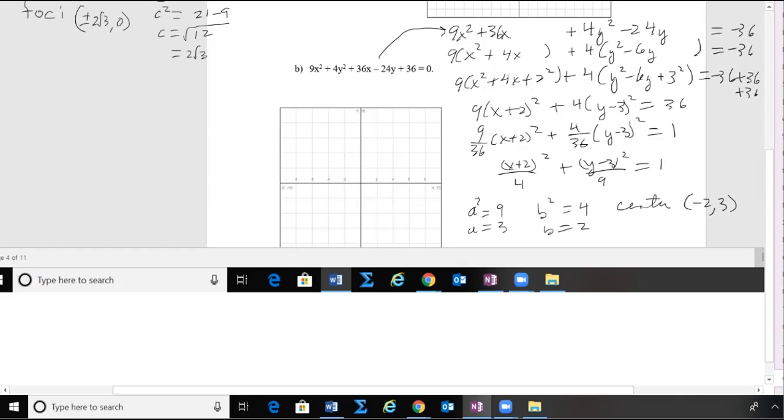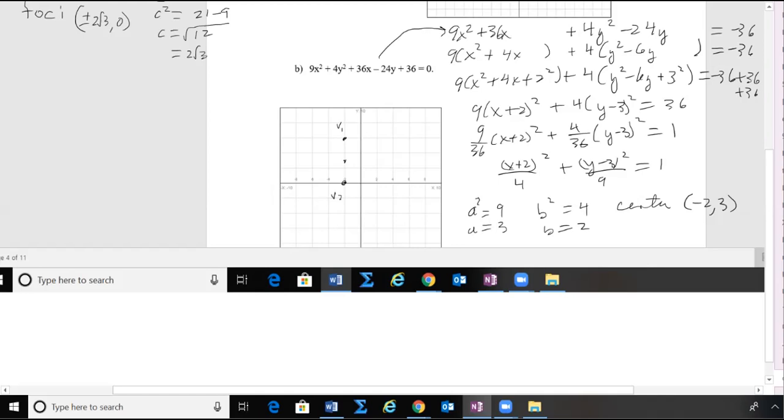So let's do a quick sketch of this one. -2, 3 would be about here. And 3 in the y direction would put us up about here and down here. That's the major axis along there, with vertex 1 and vertex 2.